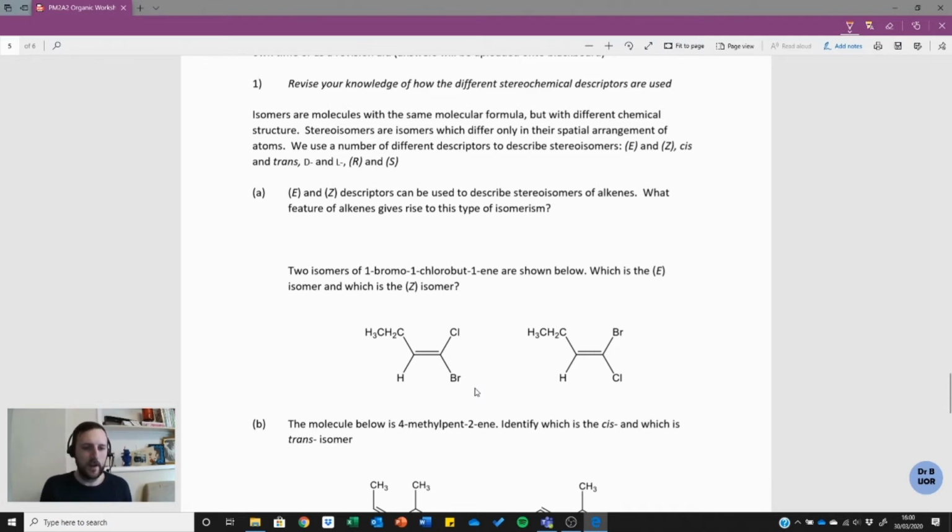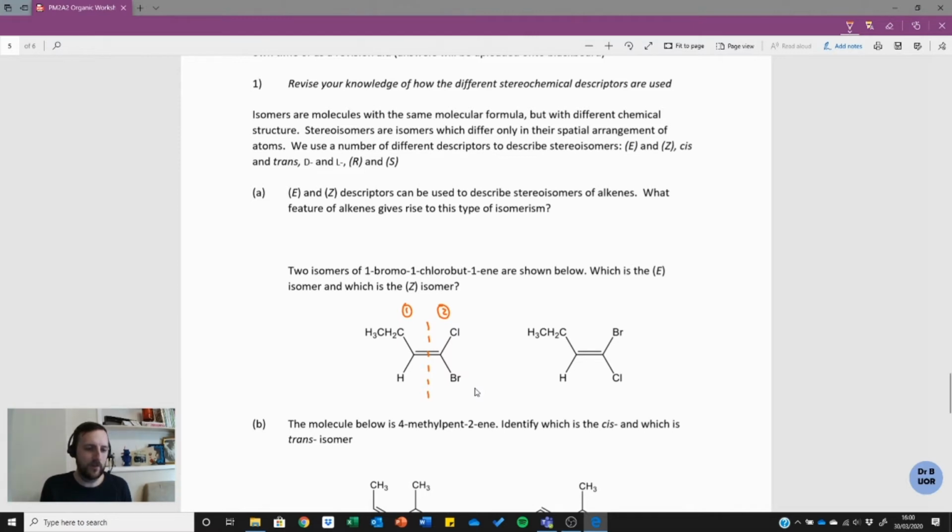First thing to do if you're looking at E and Z isomers is to draw an imaginary dotted line straight through the middle of your structure. So now we're splitting it into two halves, half one over here and half two over here. If you remember about E and Z isomers, we have to denote the priority of the groups over one another. So the first step that you always have to take is assigning priority either side of this double bond, in section 1 and in section 2.